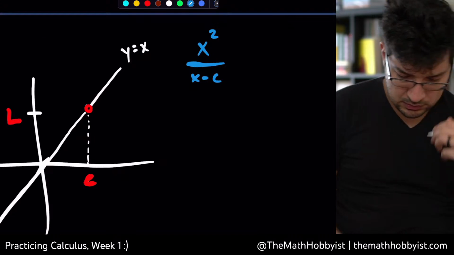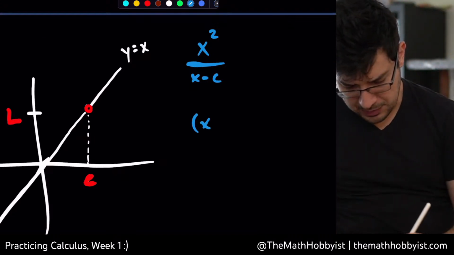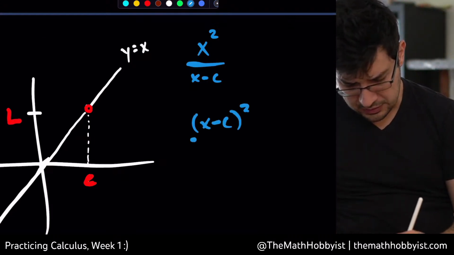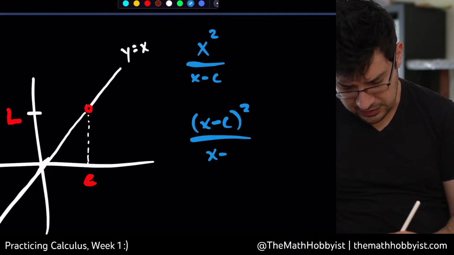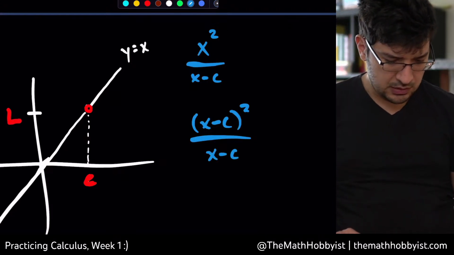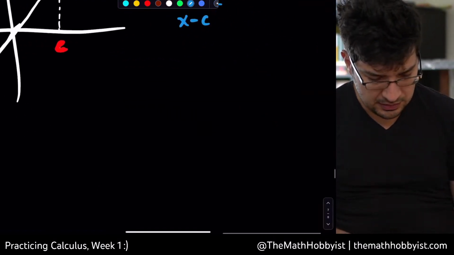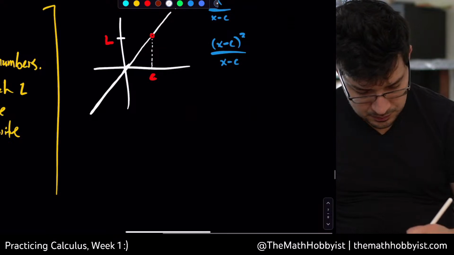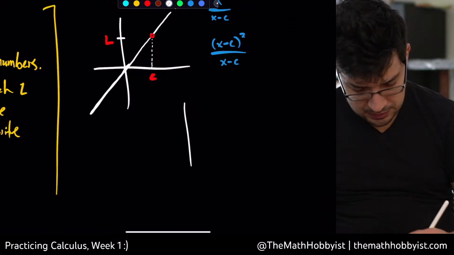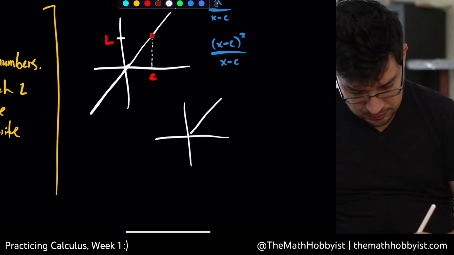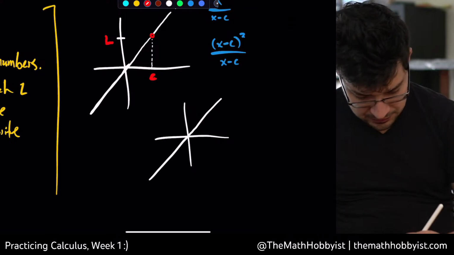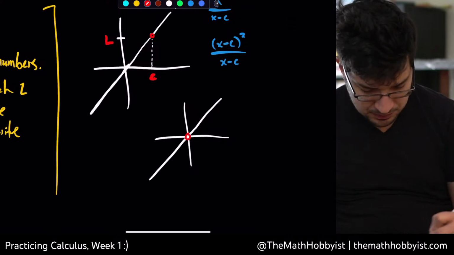Does that work? For sure, x minus c squared divided by x minus c, that's going to work. Or if I wanted to simplify, maybe this line is undefined at x equals 0.